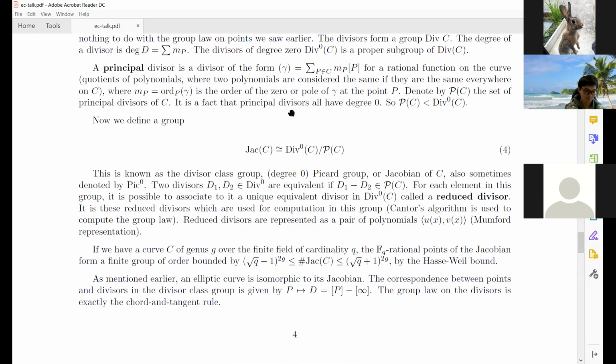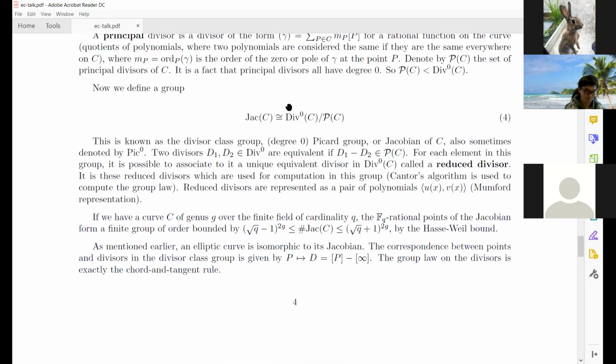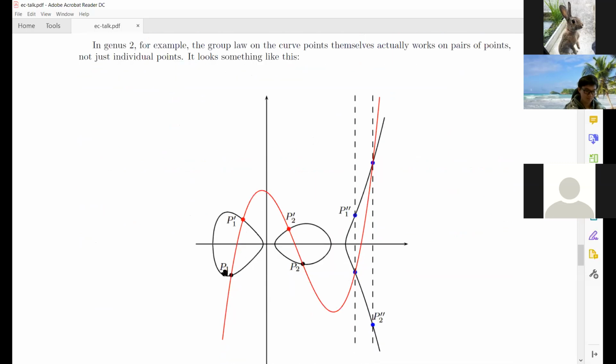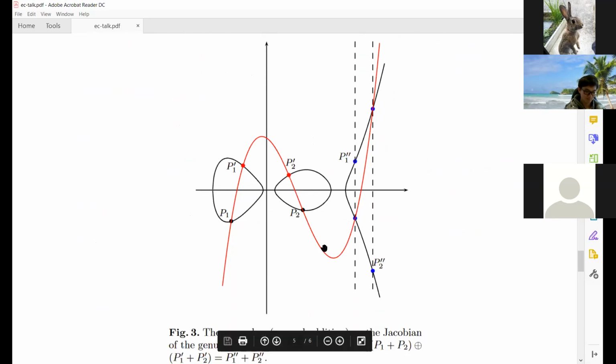What it does look like is that it's really pairs of points. And for pairs of points, you get a group law where you have a function going through the first pair, and the second pair gives you a function through the third pair of points, which then reflected would be the sum. So you can see the parallel between this and the elliptic curve stuff, right?